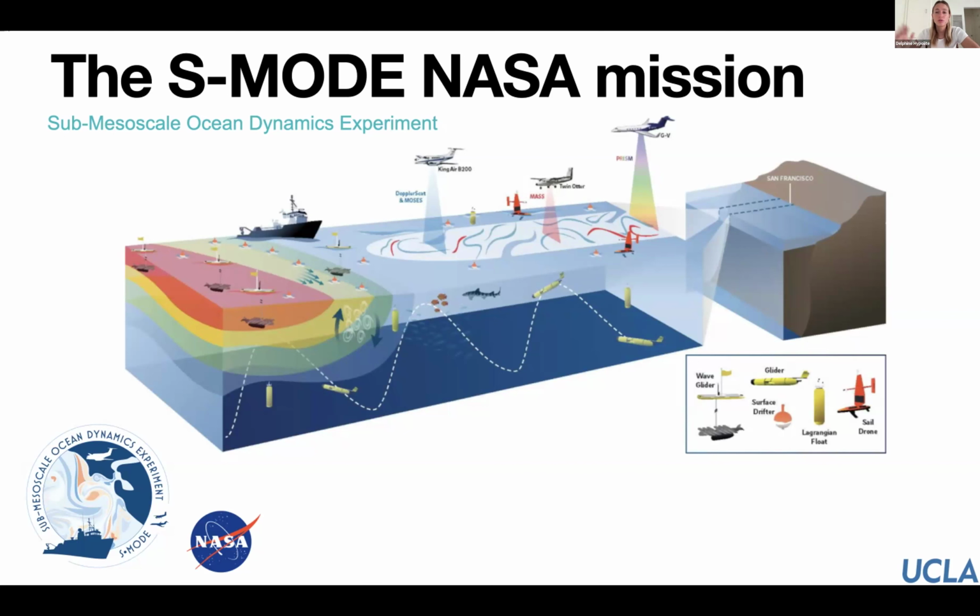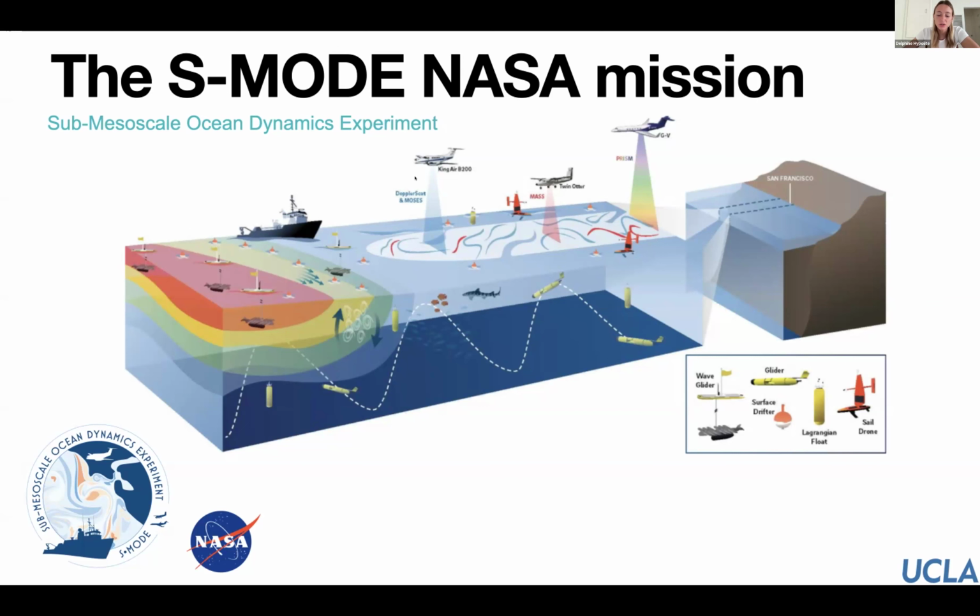It has been a great project involving many institutions, especially in the US. It's multi-platform, so there were people on planes, people on boats, people deployed a lot of different types of drifters and buoys. And the goal was to really do that combined effort to try to capture the submesoscale and all the vertical fluxes associated with them and answer a lot of questions associated with them.